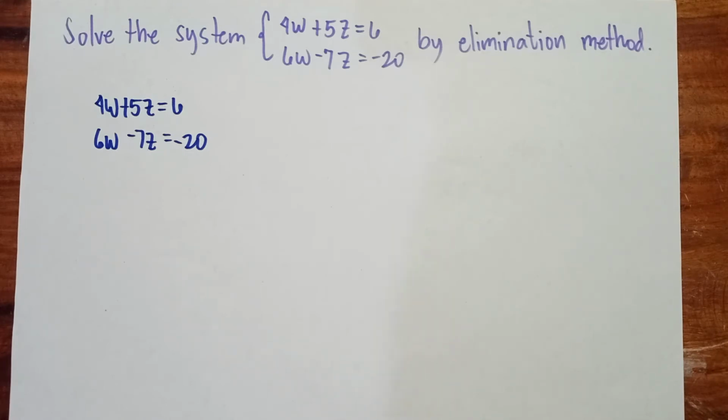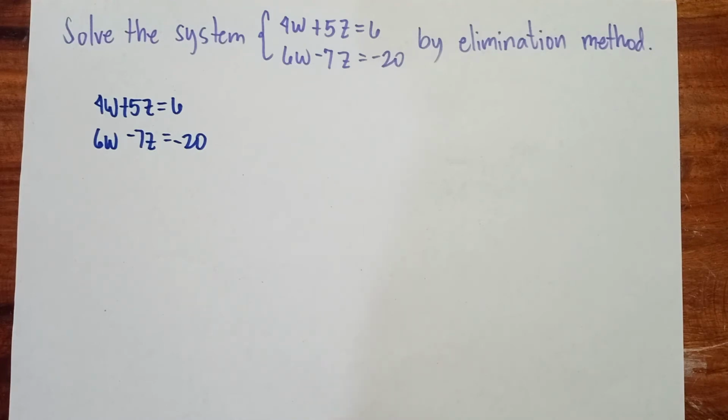Okay? So, yung technique dyan mga boss, ganito lang. I-check nyo muna or kukunin nyo muna yung least common multiple between the coefficients of w. So, in this case, we have 4 and 6. What is the least common multiple of 4 and 6? Okay. So, tama mga boss. That is 12.